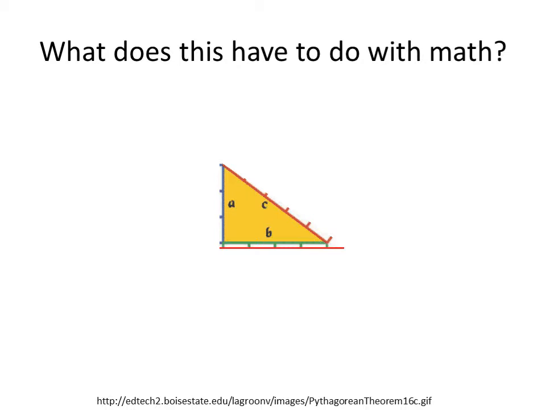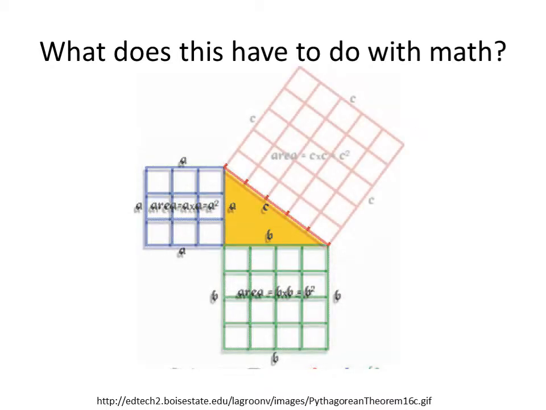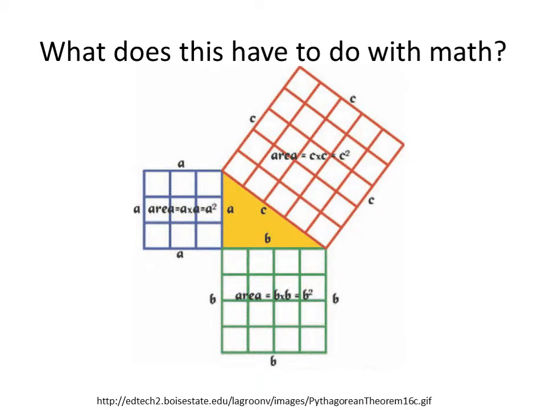And if we take that and we make them into squares, okay, so I have a square of side 3 and 3 off of A, and I have a square of length 4 and 4 off of B. And we add those two areas up, then we get the area of the square off of the hypotenuse, or C. Okay?